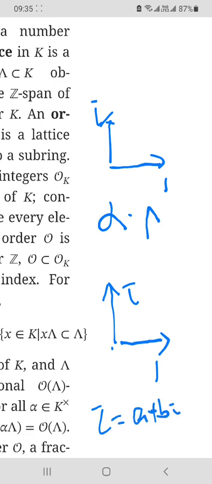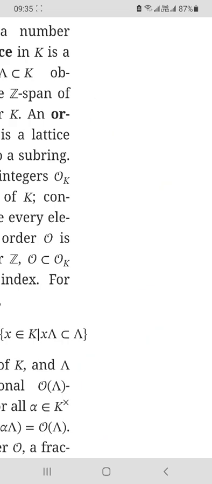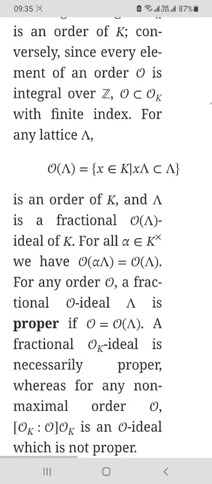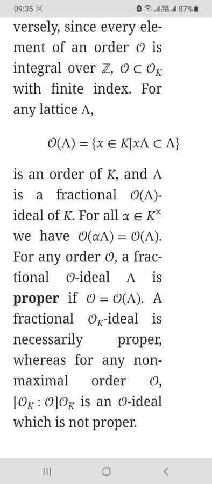So from lambda, where the basis is 1 and I, to a different lambda prime, whose basis is 1 and tau, where tau is A plus BI. This is a kind of rotation. For alpha belonging to K cross, O of alpha lambda is equal to O of lambda.